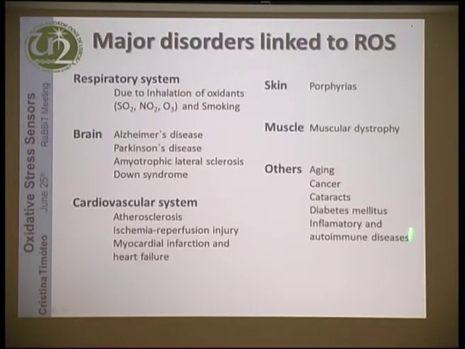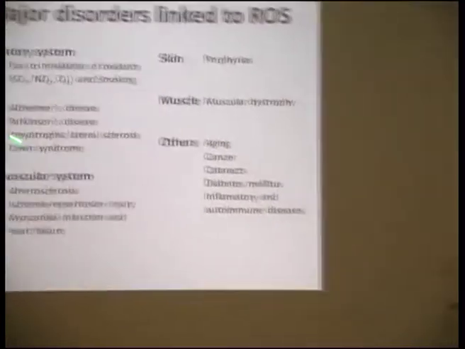So some of the diseases that are linked to reactive oxygen species. Diseases of the respiratory system are mainly due to inhalation of oxidants. In brain, we have Alzheimer's disease, Parkinson's disease, amyotrophic lateral sclerosis, Down syndrome.